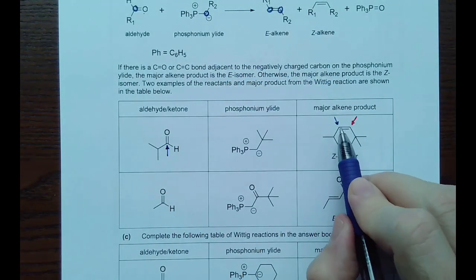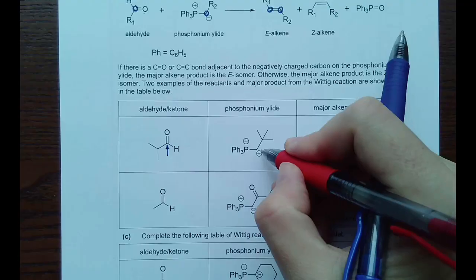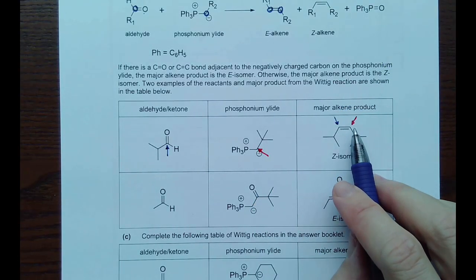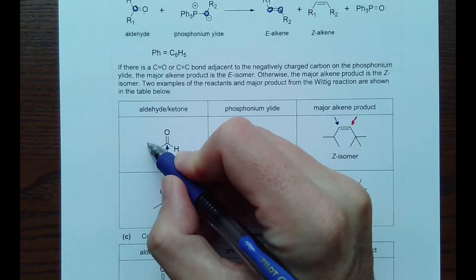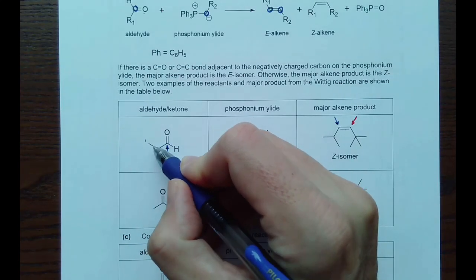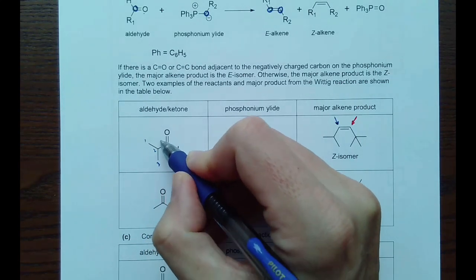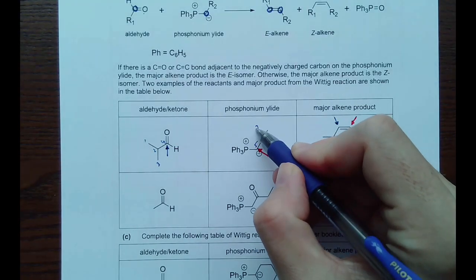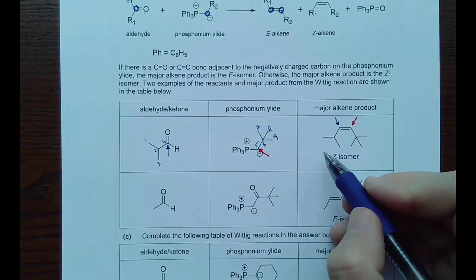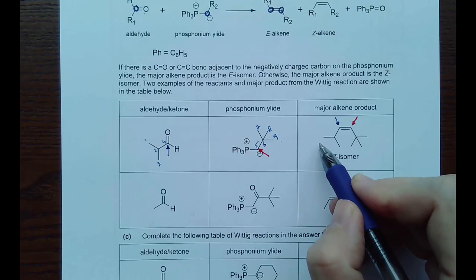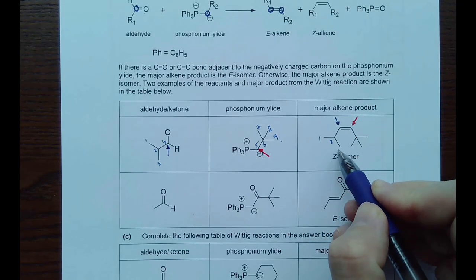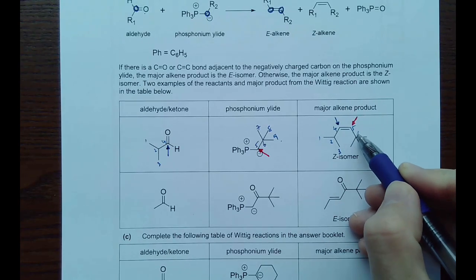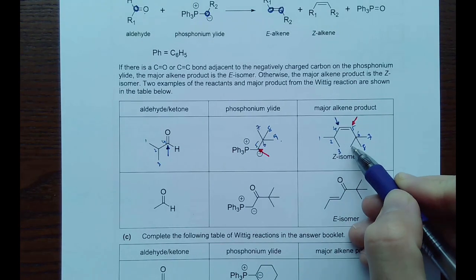So that carbon becomes that carbon, and then this carbon here becomes this carbon. And I can check that I have enough carbon. So 1, 2, 3, 4, 5, 6, 7, 8, 9. Okay, and I've got 1, 2, 3, 4, 5, 6, 7, 8, 9.